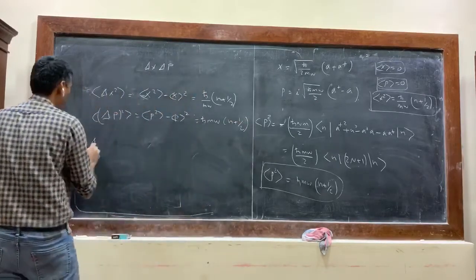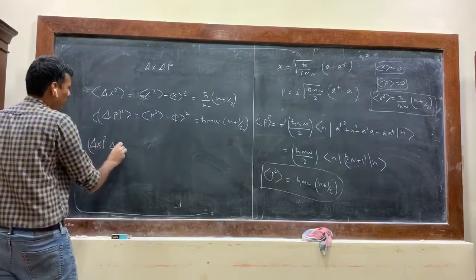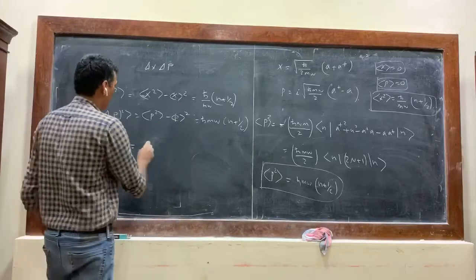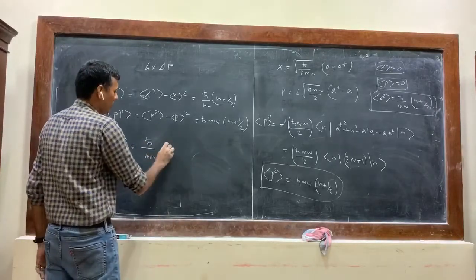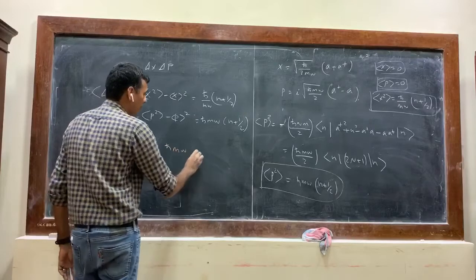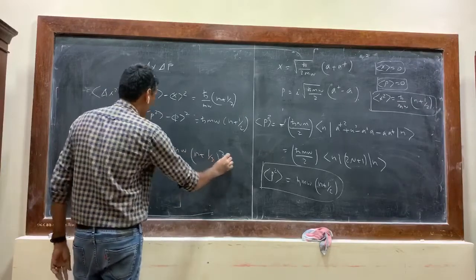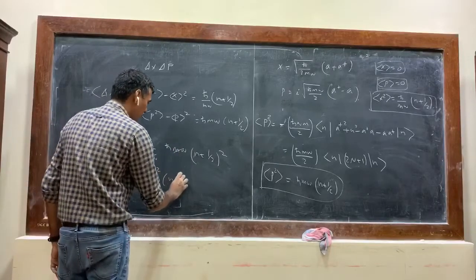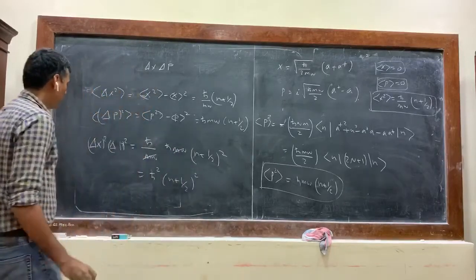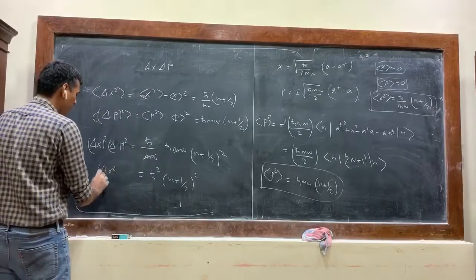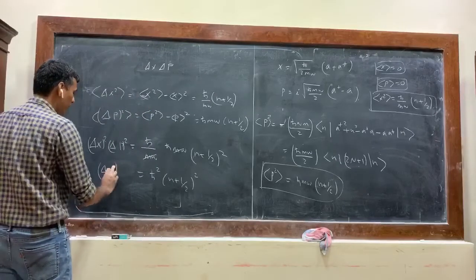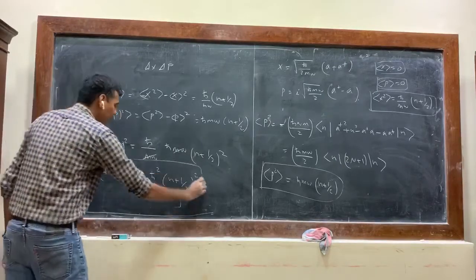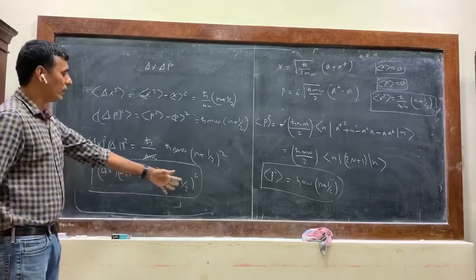So delta x square times delta p square is equal to h cut by m omega times h cut m omega into n plus half whole square. The m omega goes away, leaving h cut square into n plus half whole square. So delta x delta p is h cut into n plus half.